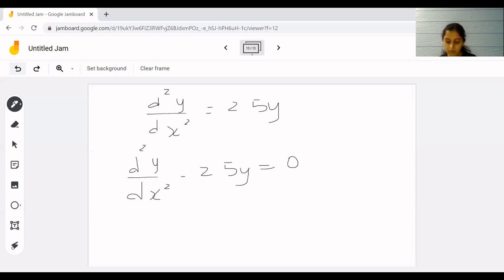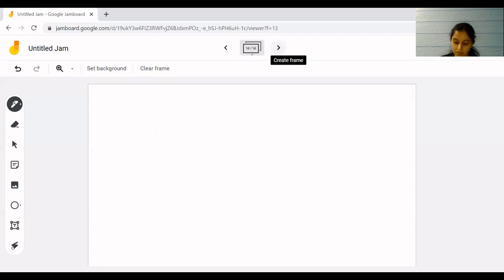So from question 2, form the differential equations of families of lines having intercepts a and b on the coordinate axis respectively. Now, equation of families of lines. Basically, first we should know that if you have intercepts a and b, then how do you represent the family of lines? So we should know these equations for at least this chapter.